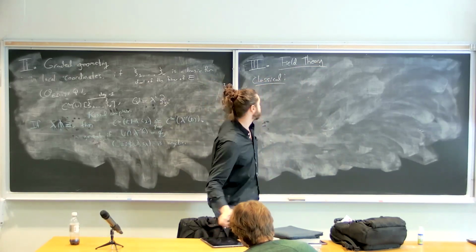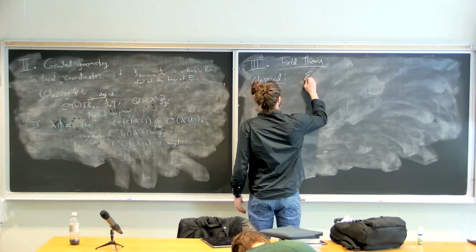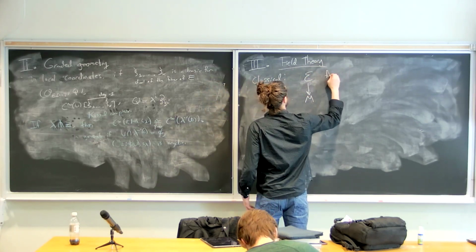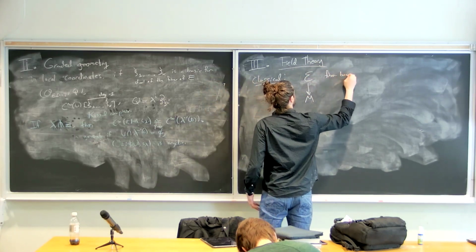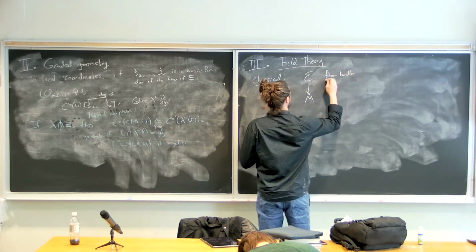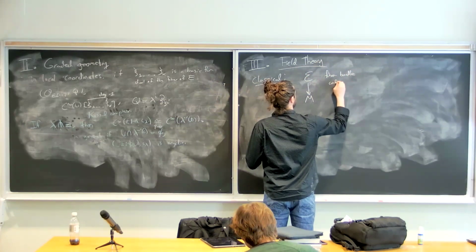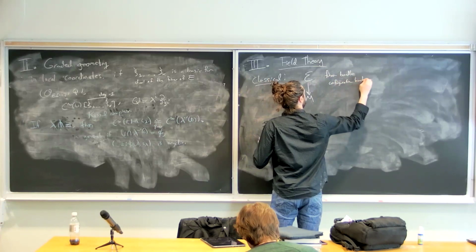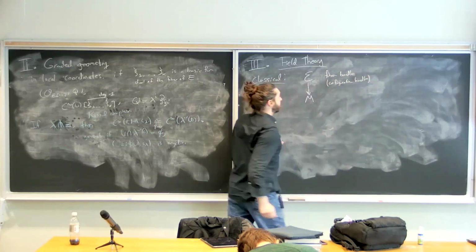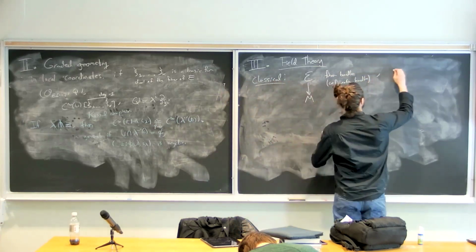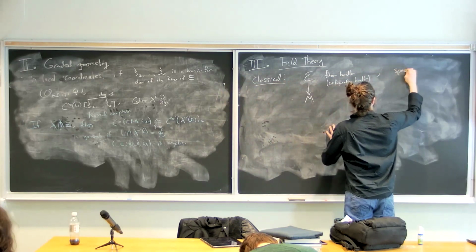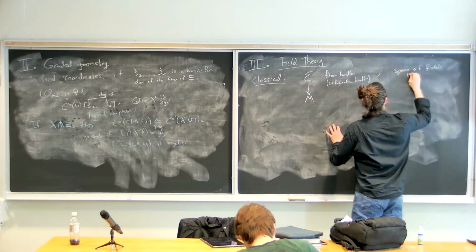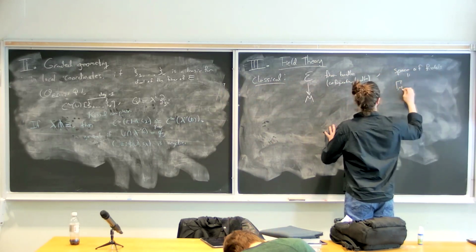So the setup for classical field theory is we have some fiber bundle. It's called the configuration bundle. And then we say the space of fields is sections of this fiber bundle.